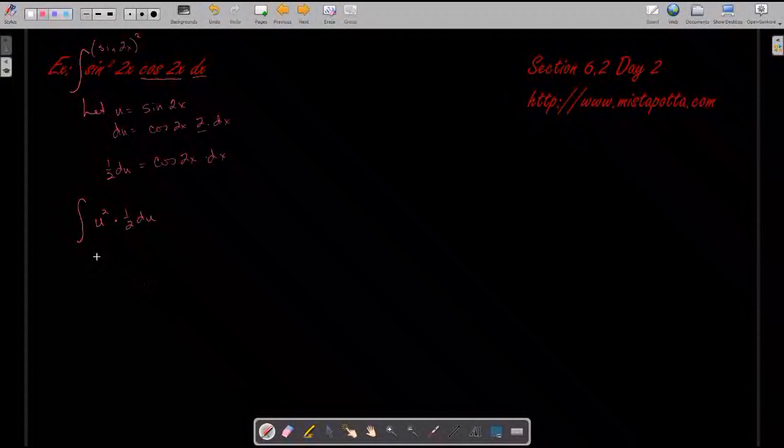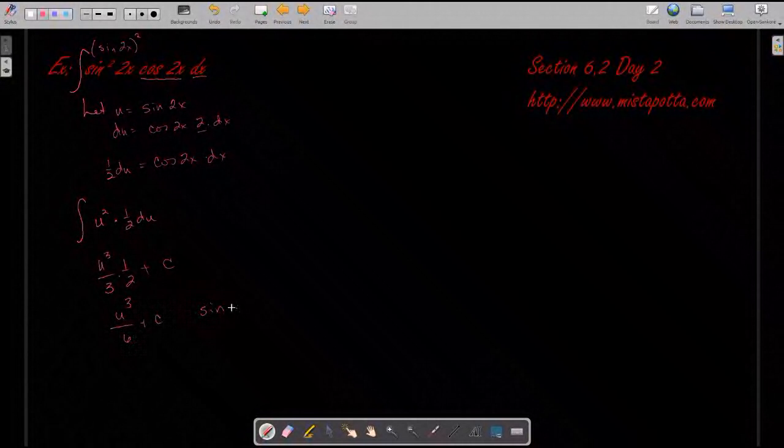So this ends up being u cubed over 3, and this constant is really just a 1/2 coefficient, plus c. So I end up with u cubed over 6 plus a constant, or sine of 2x cubed over 6 plus a constant.